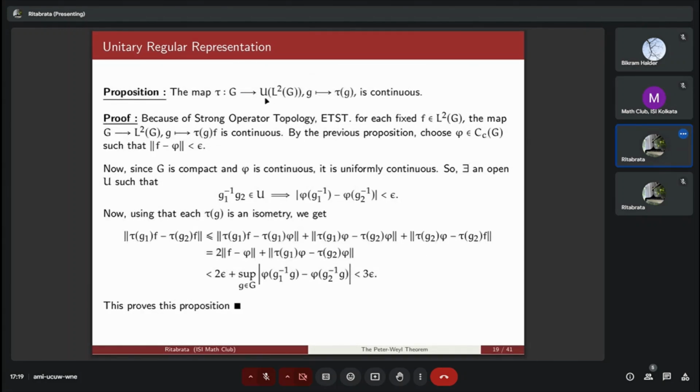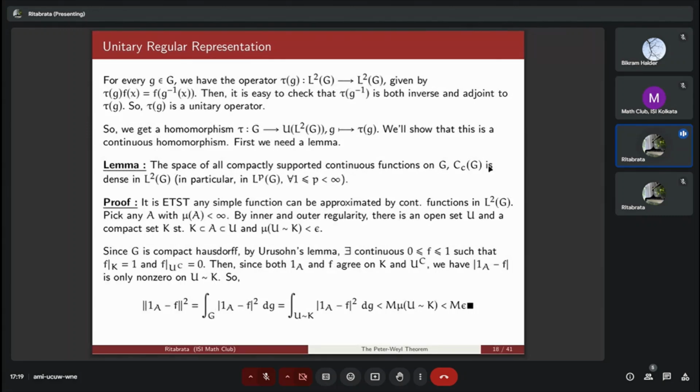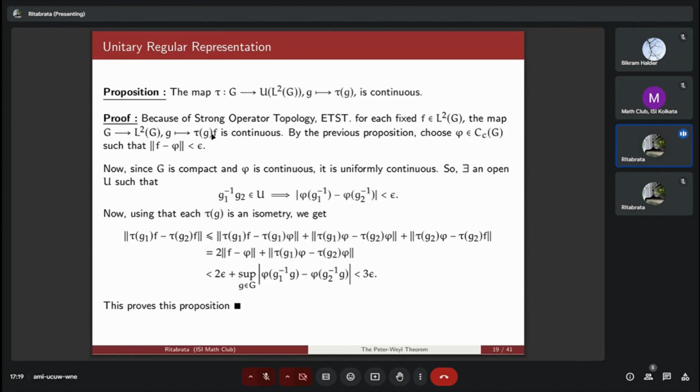I'll use the fact that given any square integrable function, you can approximate it very nicely by continuous and compactly supported functions. We'll use it to prove that the representation tau G is a continuous representation. The map tau from G to U(L2(G)) is continuous because we have endowed U(L2(G)) with the strong operator topology.